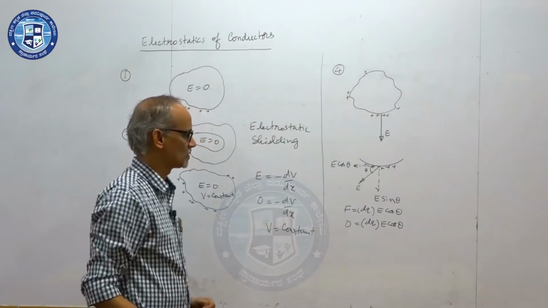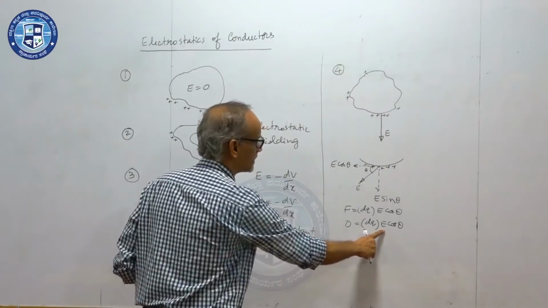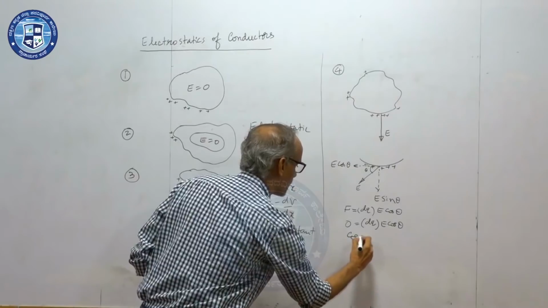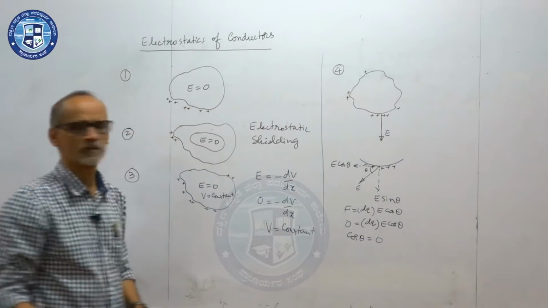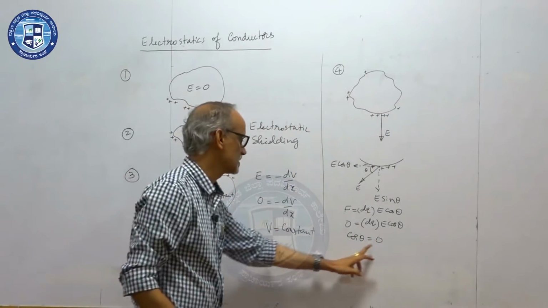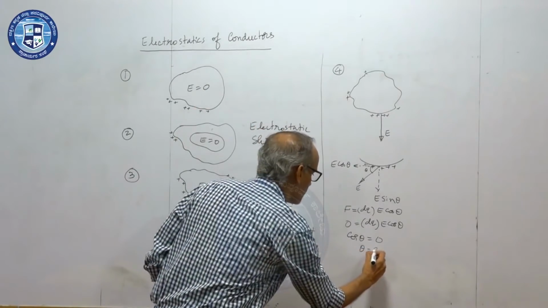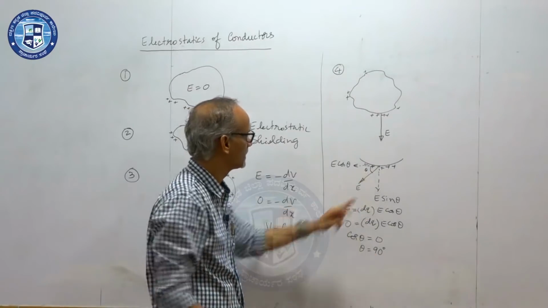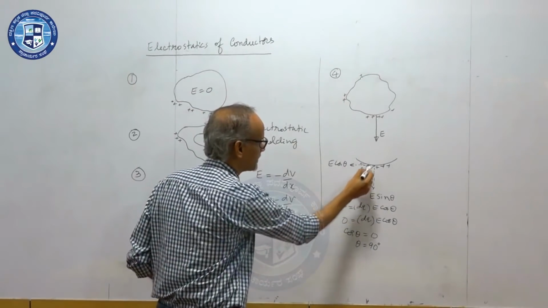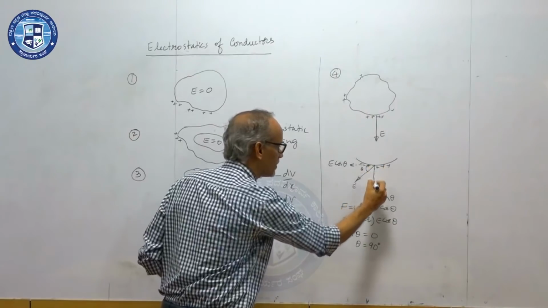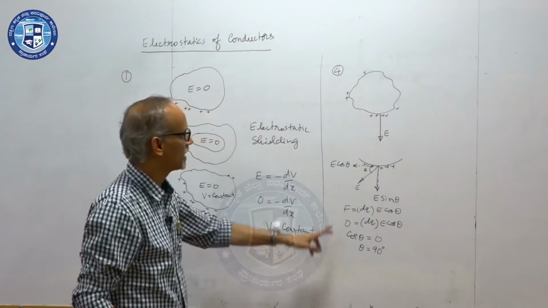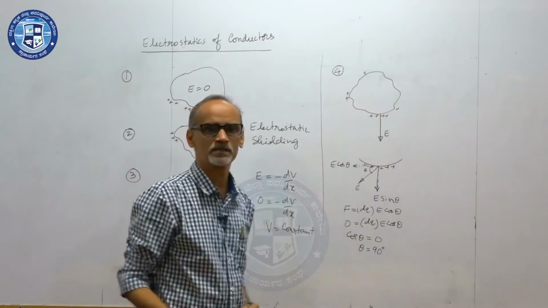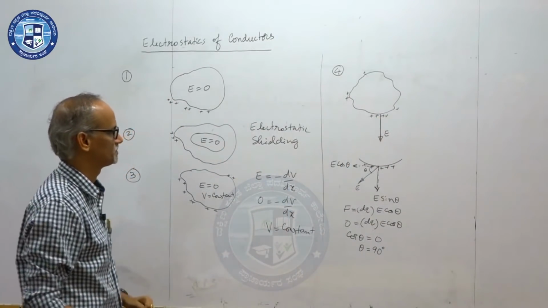When F is 0, dq and E cannot be 0 because there exists a field. So cos theta has to be 0, which means theta has to be 90 degrees. When theta is 90 degrees, this electric field has to be along the normal, and that proves that the electric field or the lines of force are always normal to the surface of the charged conductor.